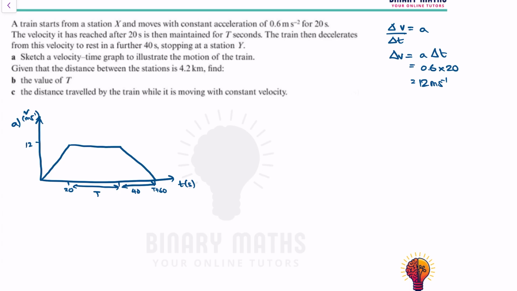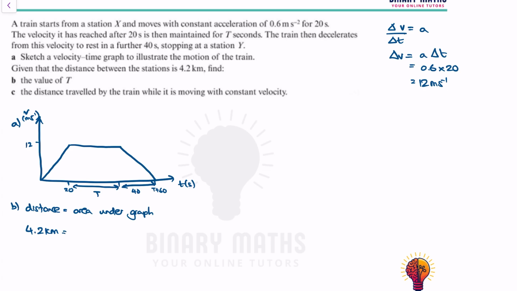Given that the distance between the stations is 4.2 kilometers, find the value of t. Okay, so distance is equal to area under graph, which means 4.2 kilometers.